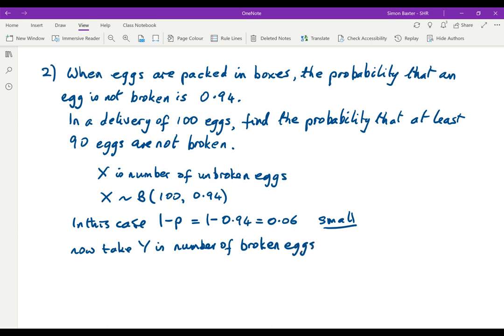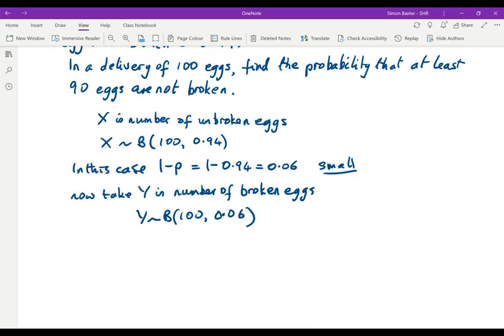If the probability that an egg is not broken is 0.94, the probability that it is broken is 0.06. Still a reasonable amount to work out.